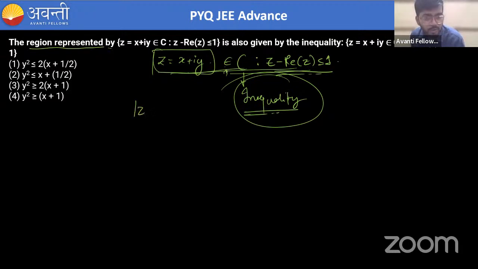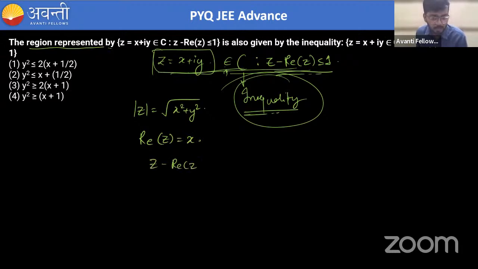So first of all, we know that mod of z is under root x square plus y square, and real part of z is equals to x. Now mod z minus real part of z less than equals to 1.